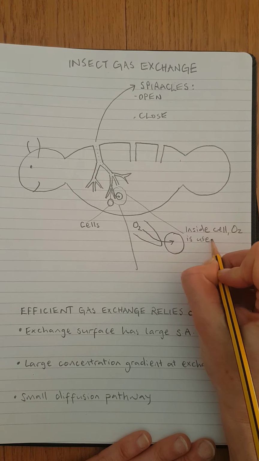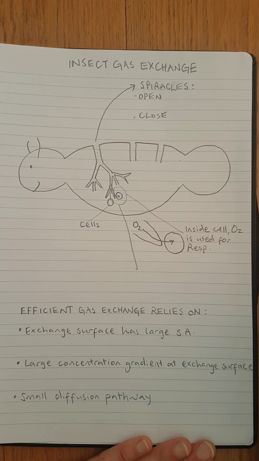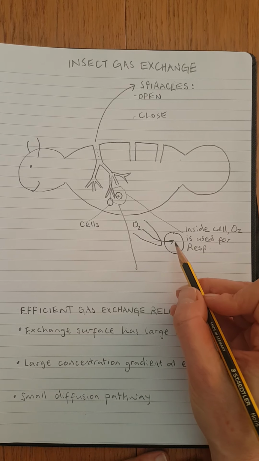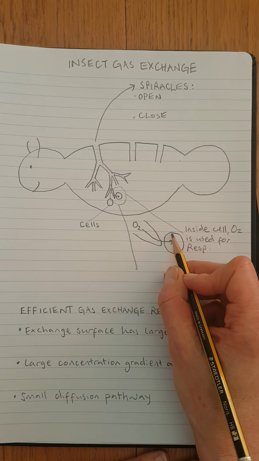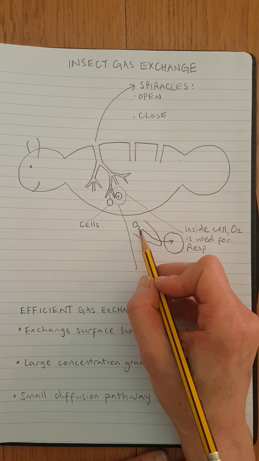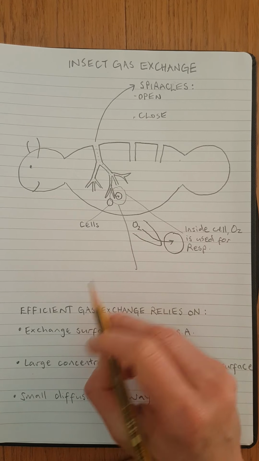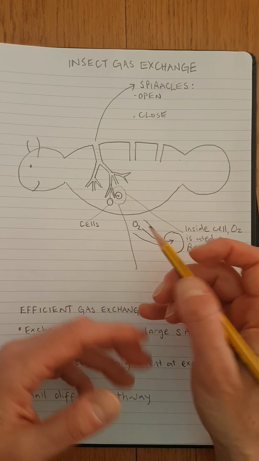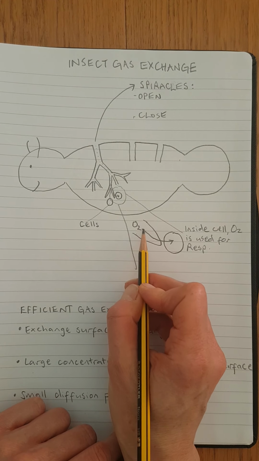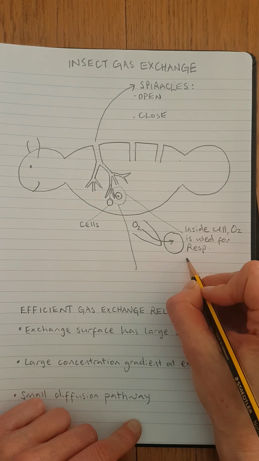Is used for respiration. And so what you have is you have always a lower concentration of oxygen inside the cell, and always a higher concentration of oxygen outside the cell on the tracheal side. So you will always have a concentration gradient, so that the oxygen will diffuse from the tracheal into the cell in the right direction. So let's write that down.